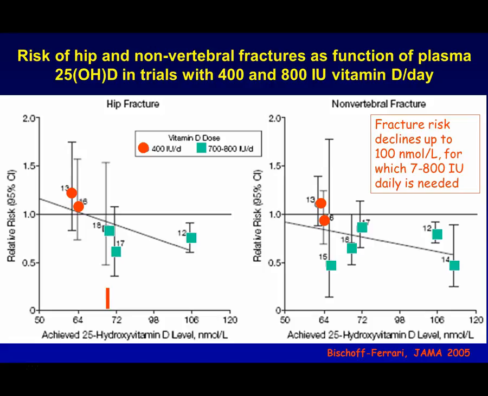This graph, deriving from supplementation studies, shows that with vitamin D supplementation, increasing the 25-hydroxyvitamin D level, there is a lower risk of hip fractures, but also non-vertebral fractures at higher vitamin D. And it seems that up to 100 nanomoles per liter, for which about 800 units of vitamin D is needed in those patients, there is a decline of the risk of fractures.